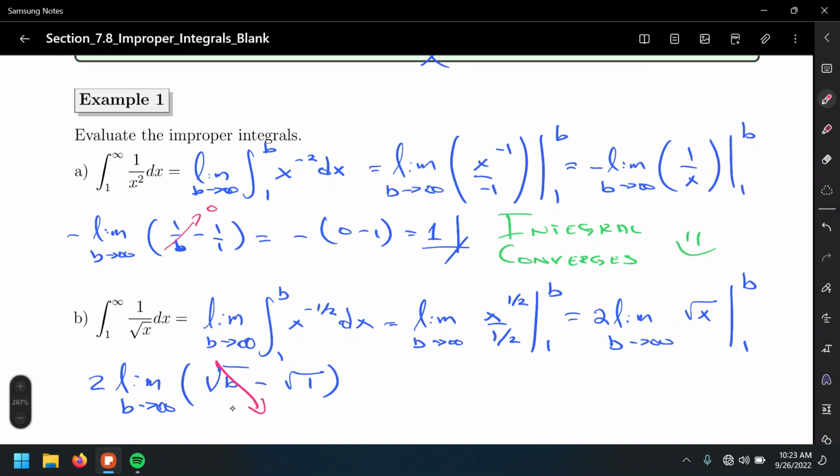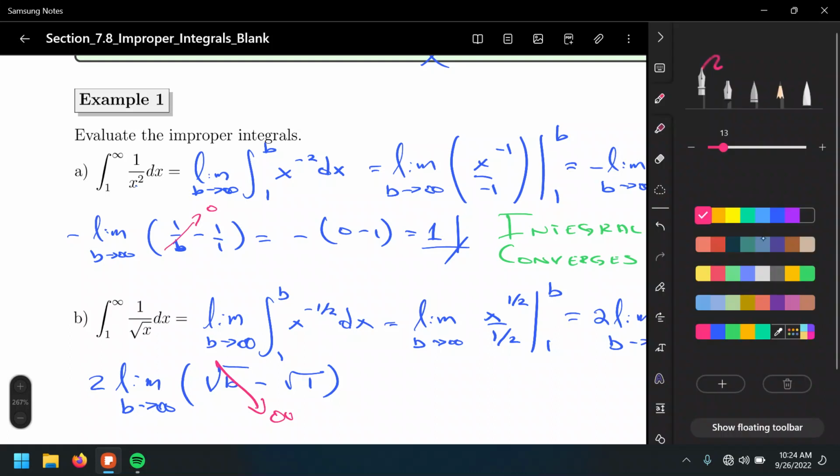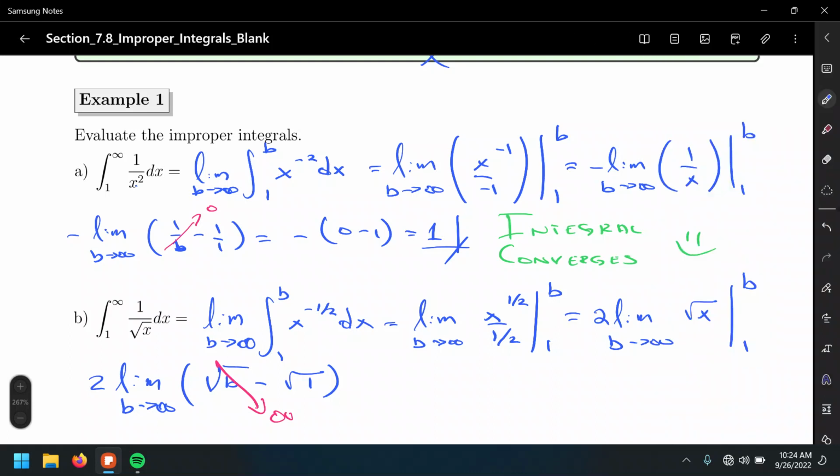Is this limit going to 0 just like the previous one? Where is it going to? Infinity, right? Well, infinity minus the square root of 1, subtracting 1 is not going to do any harm. And on top of that, multiplied by 2, it's going to get a bigger infinity. So just call it infinity.